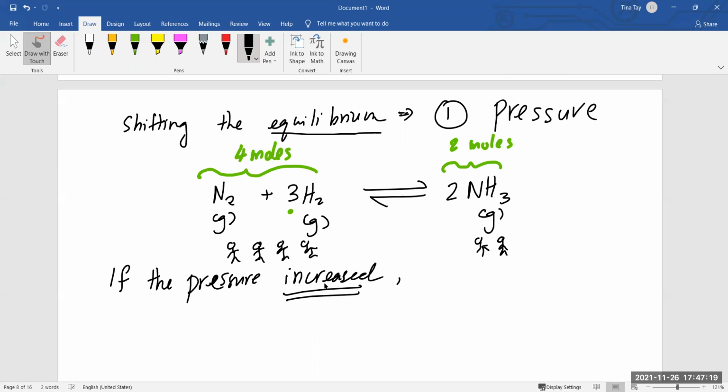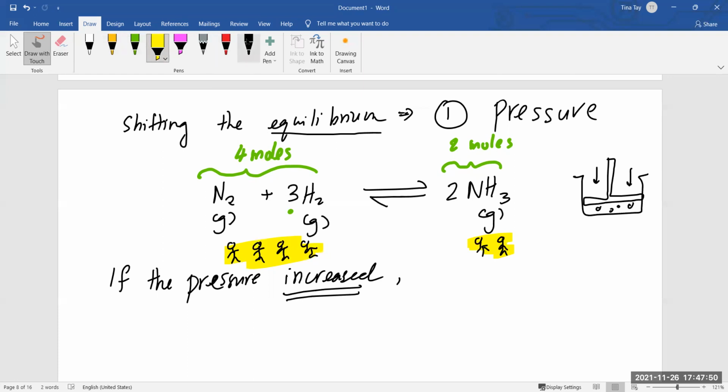Okay, if I am increasing the pressure, I am making the space bigger or smaller? Smaller. If I am making the space smaller, they will prefer to be more people, or they will prefer to be less people? Less people. Makes sense, right?